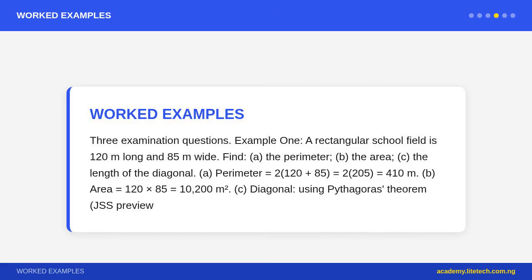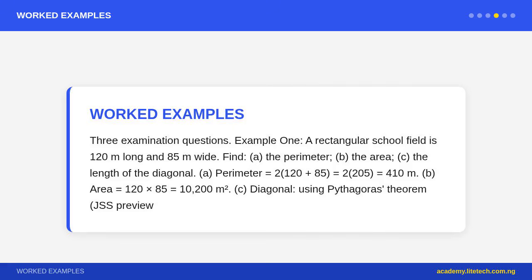C. Diagonal. Using Pythagoras theorem, d² equals 120² plus 85² equals 14,400 plus 7,225 equals 21,625. d equals square root of 21,625, which is almost equal to 147.1 m.